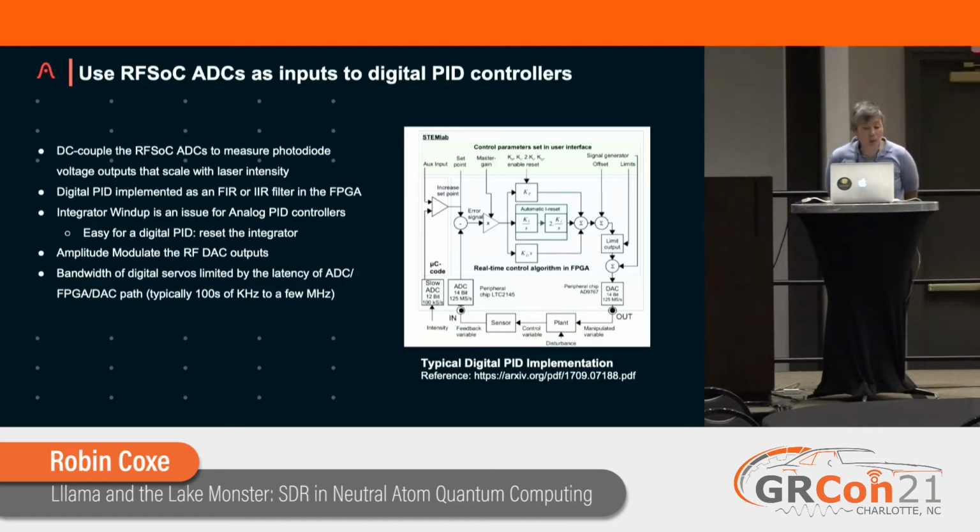And so we use the ADCs as an input to a digital PID controller to amplitude modulate the RF DAC outputs. The bandwidth of the digital servo is limited by the latency of the ADC-FPGA-DAC path, but it's typically hundreds of kilohertz to a megahertz. And this functionality is being integrated into our system basically right now.